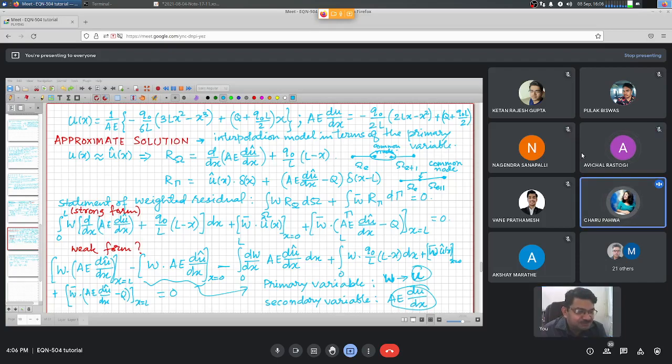And sir, I heard one more thing, that is the discrete element method. It has been written there that the discrete element method considers compatibility between two elements, but the finite element method doesn't consider that. Sir, why is it so? That's not correct. You are actually stating it the other way around.